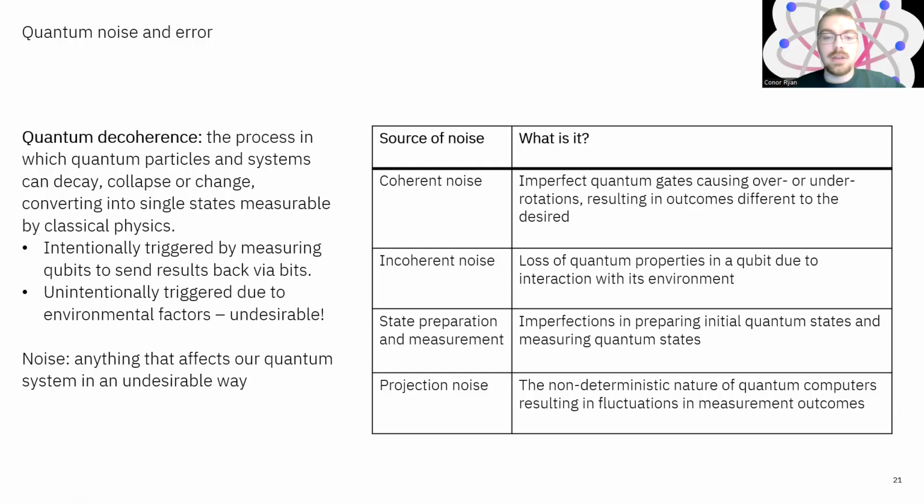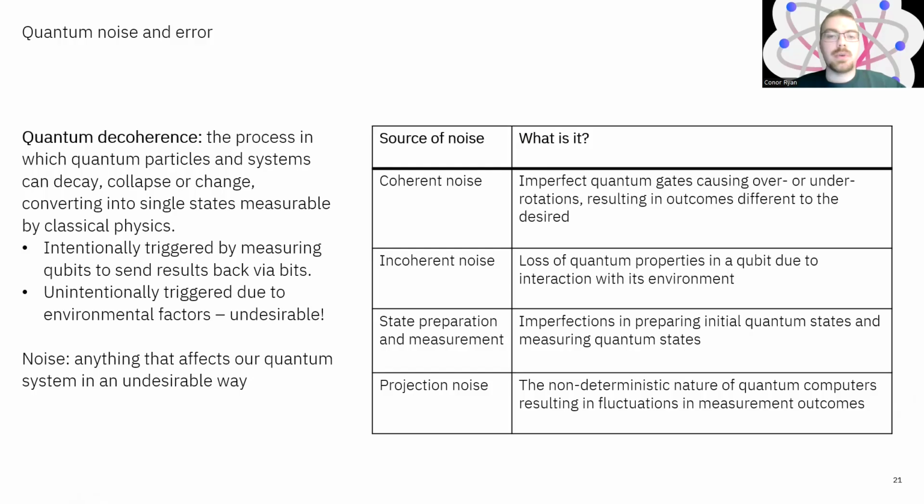Whereas in the case of incoherent noise, if you think of your qubit surrounded by a larger environment which is not part of the quantum system we are interested in, but the wider world around it, such as the electronics, the devices, the room the quantum computer is in, you can lose your quantum information to that surrounding environment, and that cannot be retrieved.